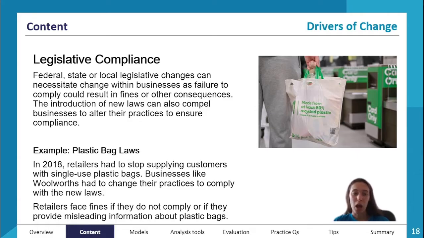Legislative compliance. So we've got lots of examples from the supermarkets. You can see that they are definitely relevant in terms of drivers of change. And so federal, state, or local legislative changes can make change necessary within a business, because ultimately, if you don't comply with the law, then you're going to have some kind of consequences.